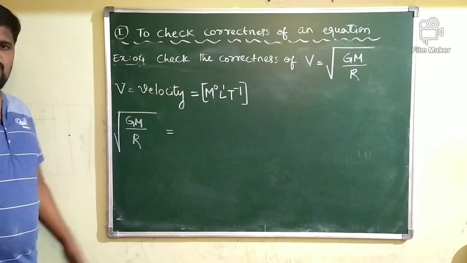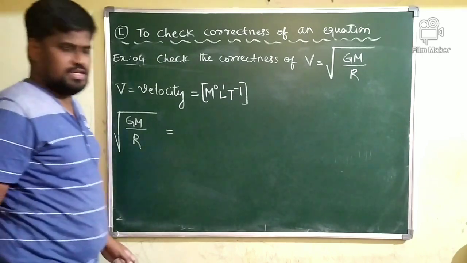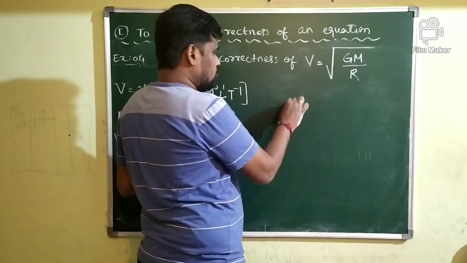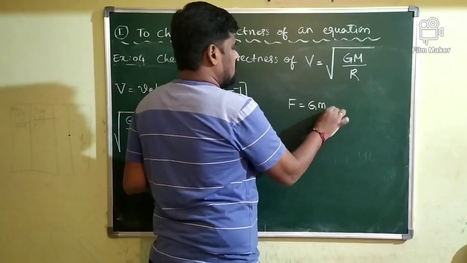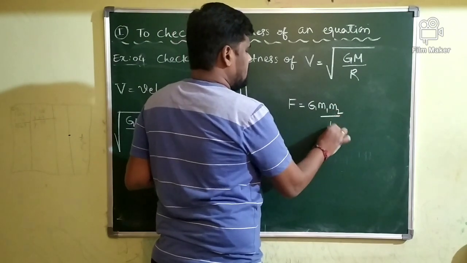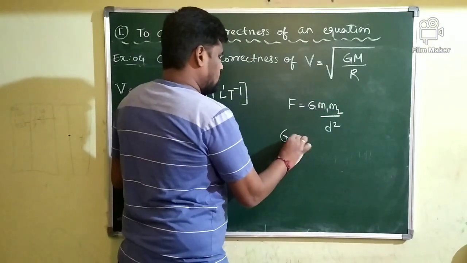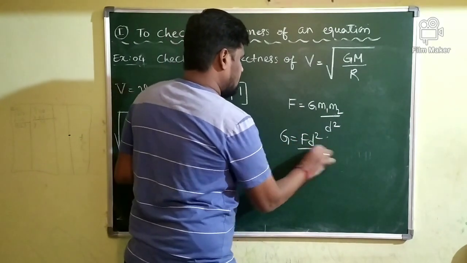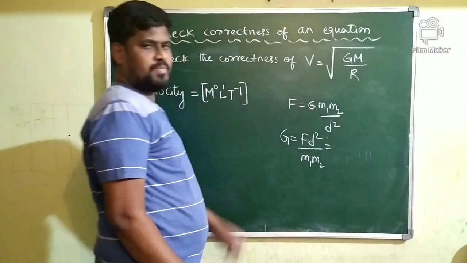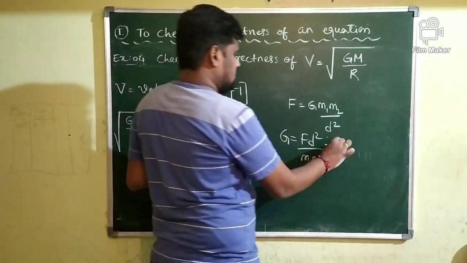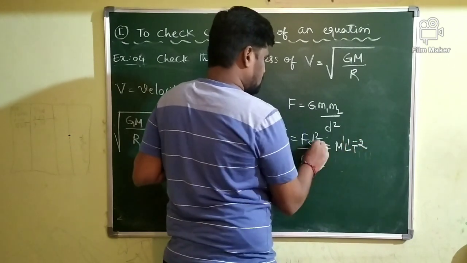If you don't remember the dimensional formula for G, I can easily obtain it using the formula F equals G m1 m2 by d square, or G equals F d square divided by m1 m2. Simplify. Force is m¹ L¹ t⁻².